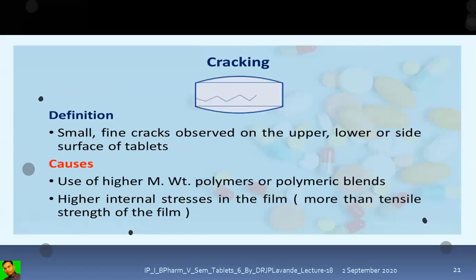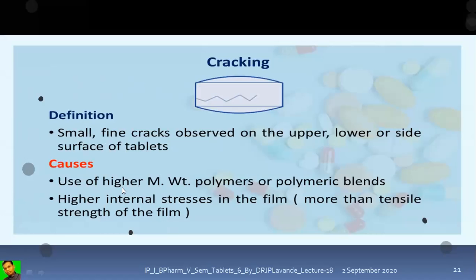The second is cracking. You can see the cracks that are going to be observed in the case of coatings, and this is defined as small fine cracks observed on the upper or lower or side surface of the tablet. Now this cracking is because of what? What is the cause?